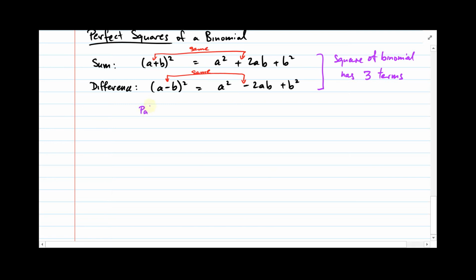Let's describe the pattern for the various terms. In the binomial, on this side, a is equal to the first term, and b is equal to the last term.